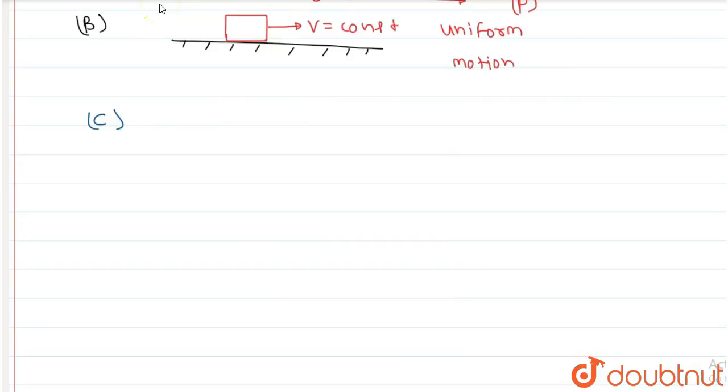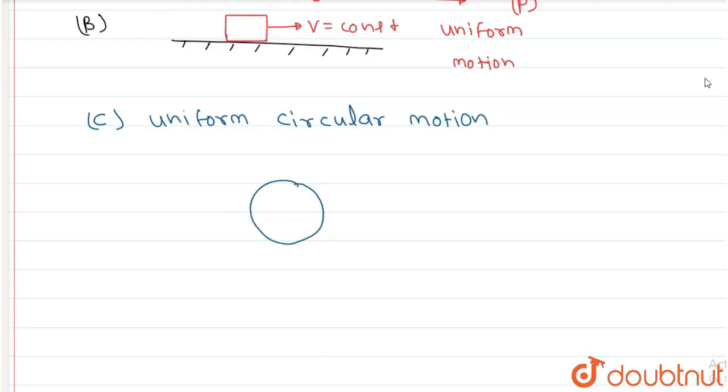Now we will discuss uniform circular motion. In uniform circular motion, objects move in a circular path with constant speed. But always centripetal acceleration is acting towards the center.